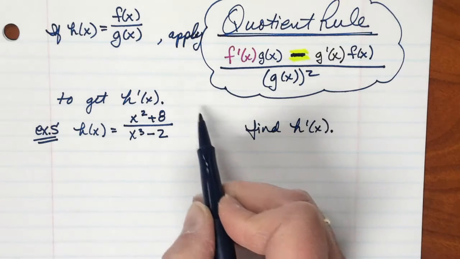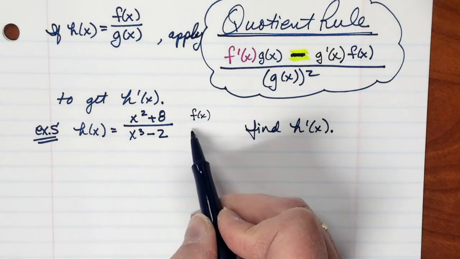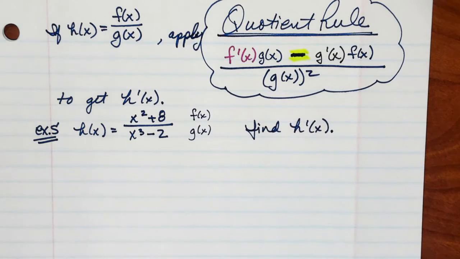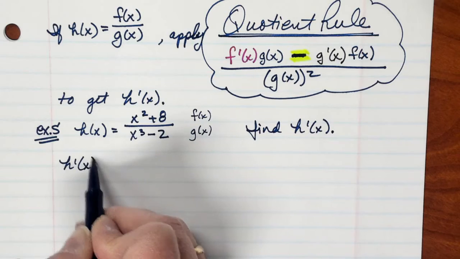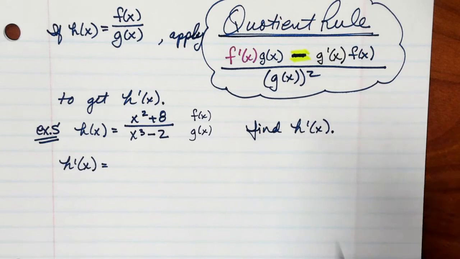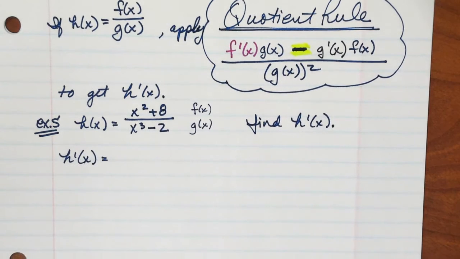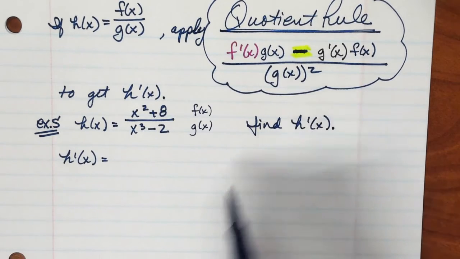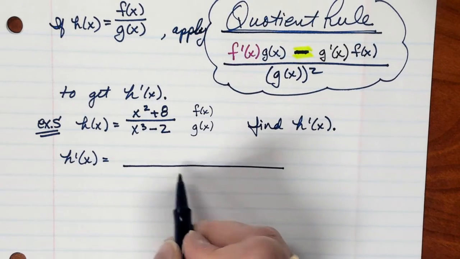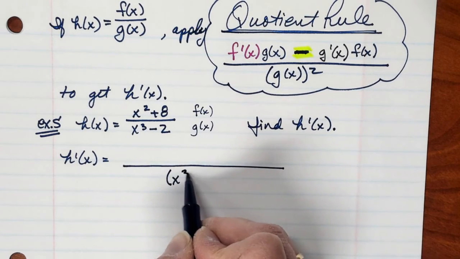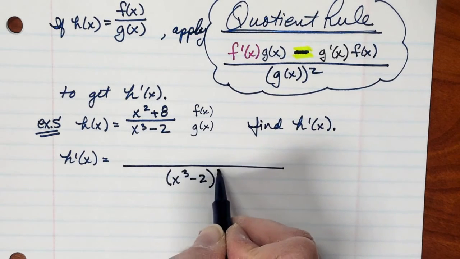All right, so we're going to let this be function f, and we're going to let this be function g. When you find the derivative, we are going to apply this quotient rule. Ready? So we're going to take the g function, and we're going to put it in the denominator, and we're going to square it. x cubed minus 2 squared.